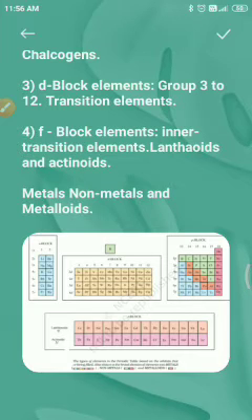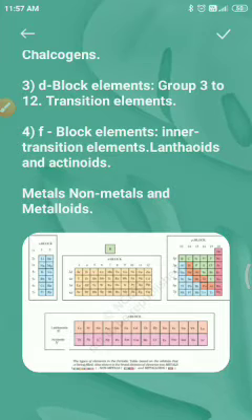The change from metallic to non-metallic character is not abrupt, but runs in a zigzag line. Elements such as silicon, germanium, arsenic, antimony and tellurium lie along this diagonal line and show properties characteristic of both metals and non-metals. These elements are called semi-metals or metalloids.